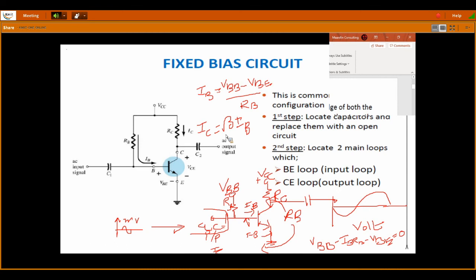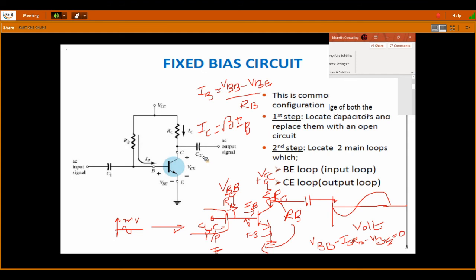Next, in order to find the output collector current, let us apply the KVL on the output terminal by open circuiting this capacitor C2. For an AC signal, your capacitor behaves like an open circuit?